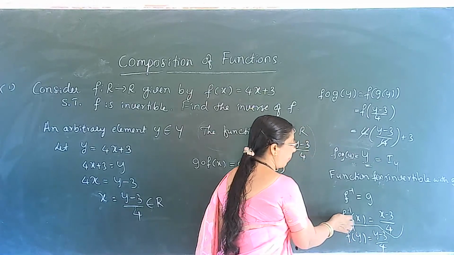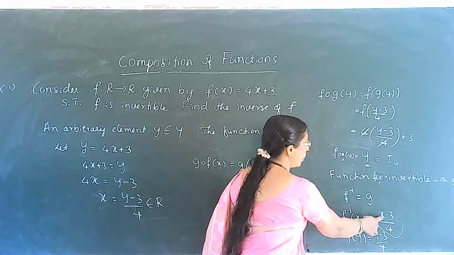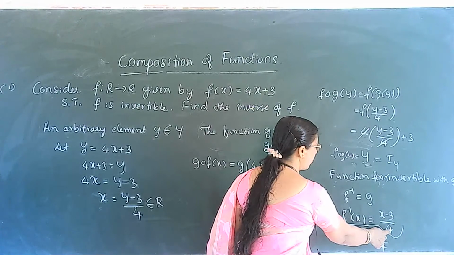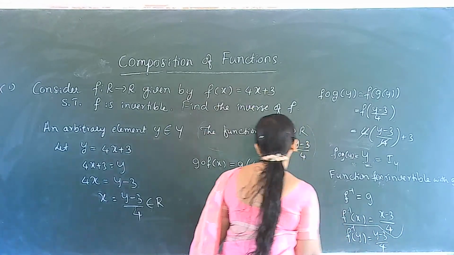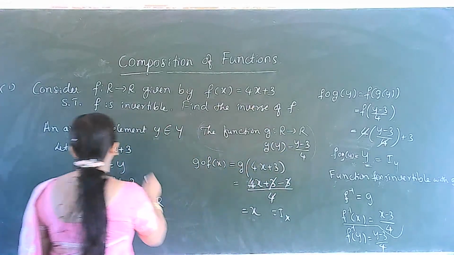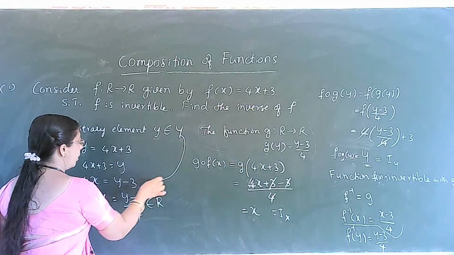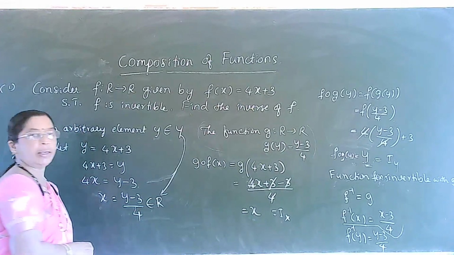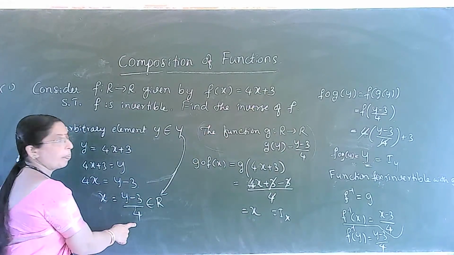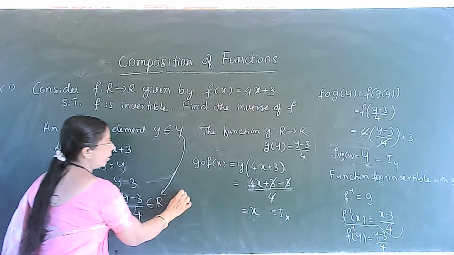If you write f inverse of x, you write x minus 3 by 4, and f inverse of y is equal to y minus 3 by 4, because you choose y, you get the pre-image y minus 3 by 4 here.